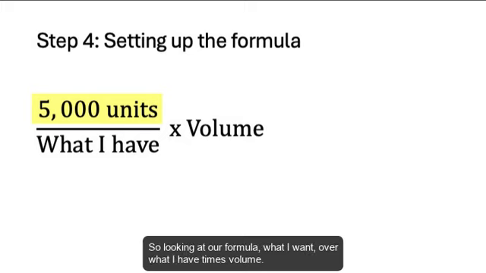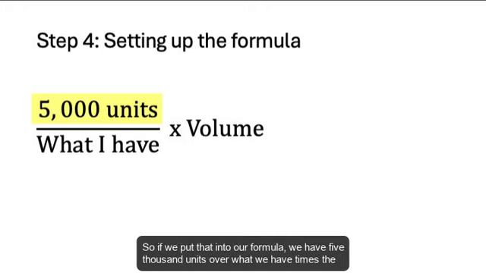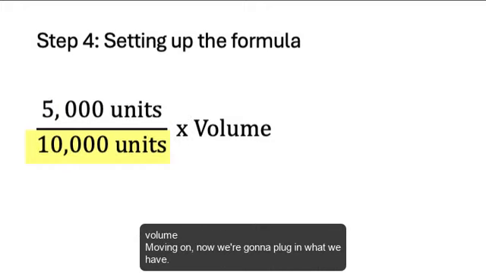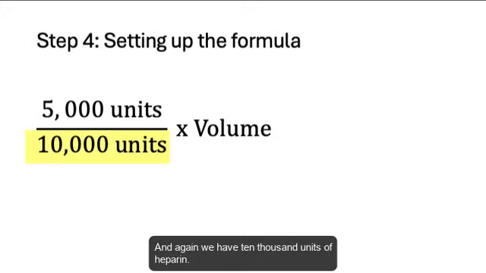So looking at our formula, what I want over what I have times volume. We identified that we want 5,000 units because that's what was ordered. So if we put that into our formula, we have 5,000 units over what we have times the volume. Moving on, now we're going to plug in what we have. Again, we have 10,000 units of heparin.